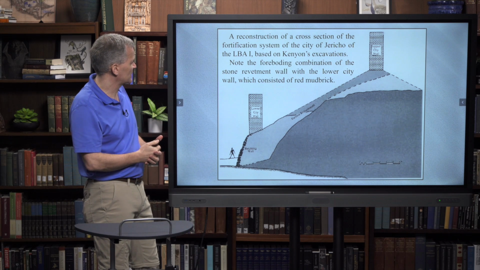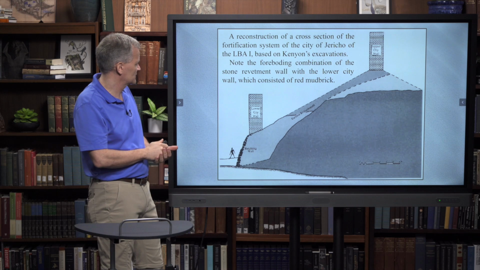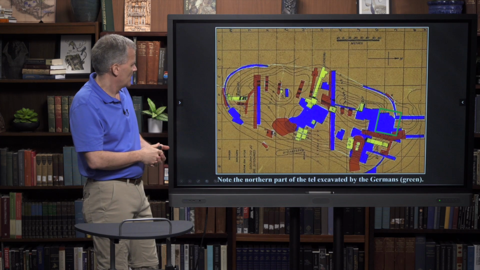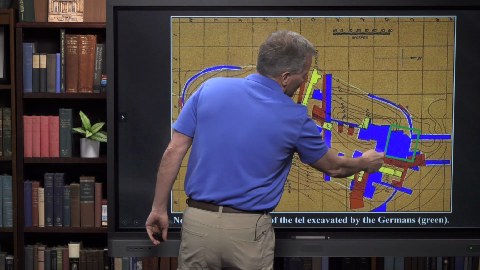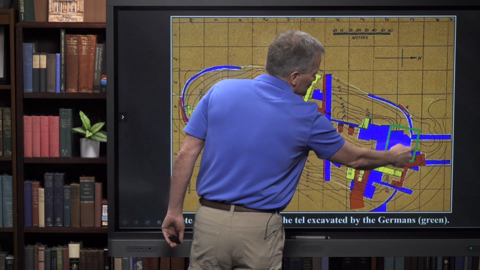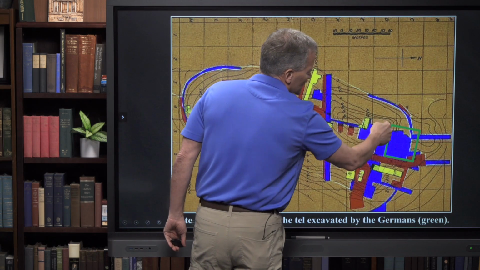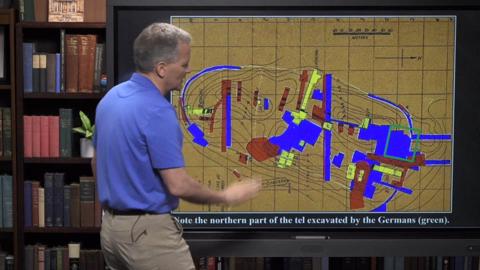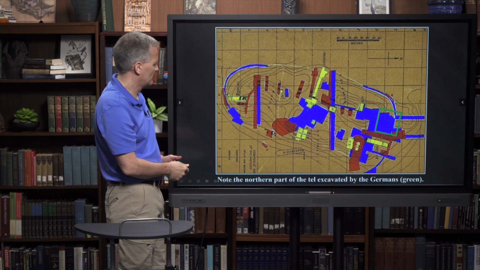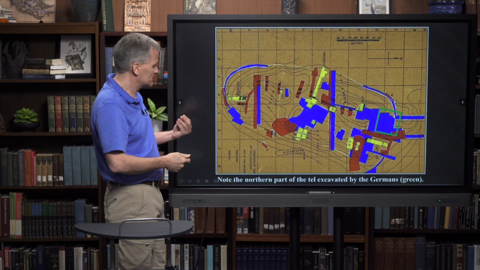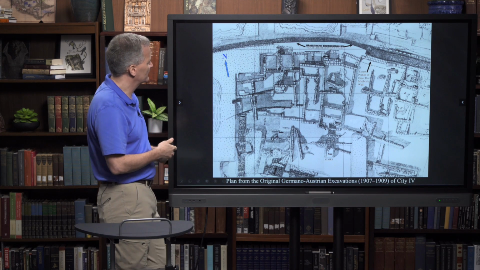So this is a cross-section of the fortification system. Now, we want to look at this area right in here. This is where the Austrians and the Germans were doing excavations on the northern side of the Tell, because that's going to show us something important for biblical history.